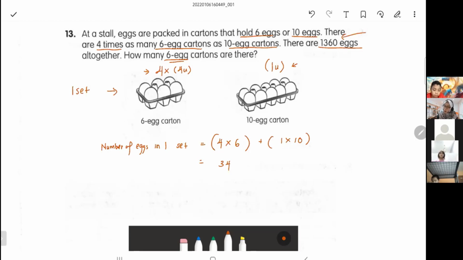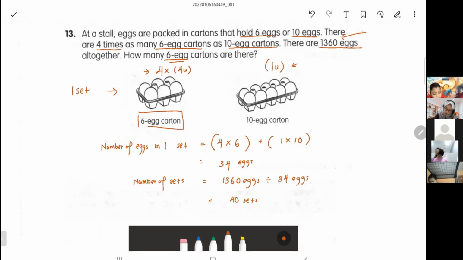Now I want to find how many sets or how many groups. Number of sets equals your total 1360 eggs divided by 34 eggs, you are going to get 40 sets. Okay, now I want to focus on my 6 egg cartons only.